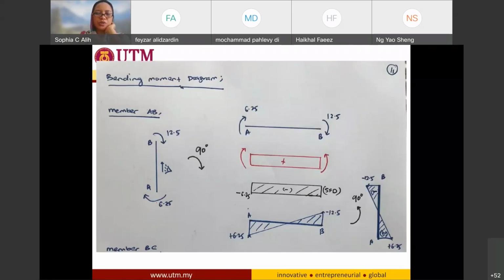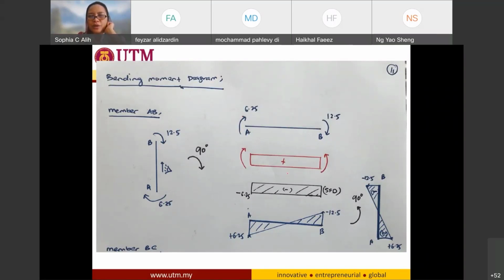Okay, so I have 6.25 clockwise, 12.5 clockwise, and I look into my member like this one. So if I rotate it, then I can look into it as this direction. Okay, so this is AB, and this is 6.25 clockwise, 12.5.